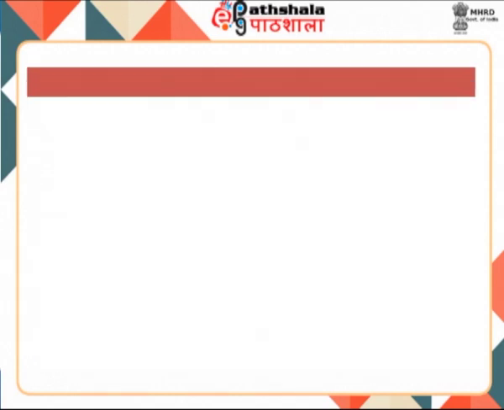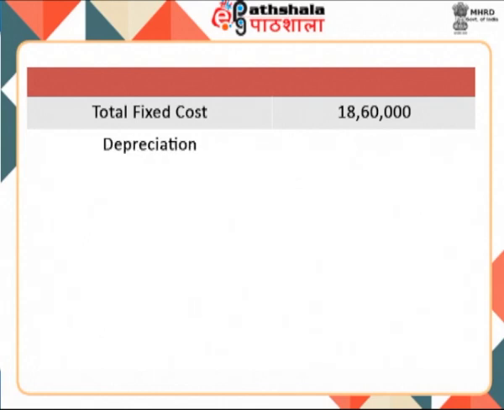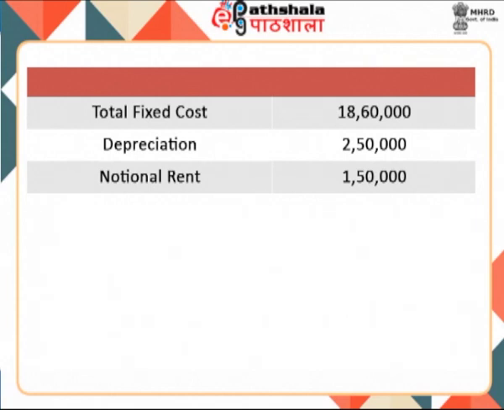Let us assume that the total fixed cost of a firm for the year 2013-14 is rupees 18,60,000, which includes a depreciation of machinery amounting to rupees 2,50,000, notional rent of the building rupees 1,50,000, and a deferred revenue expenditure of rupees 60,000.